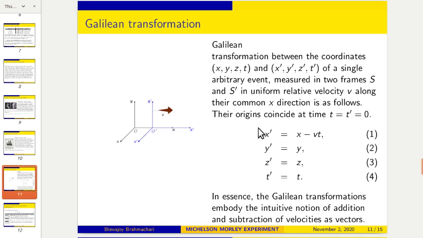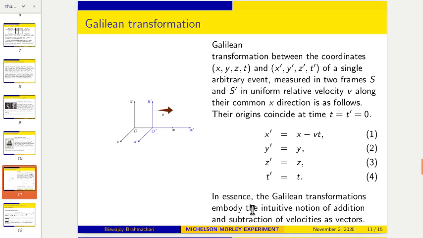The coordinates x dash, y dash, z dash, t dash are related to the unprimed coordinates like this: x dash equal to x minus vt, y dash equal to y, z dash equal to z, t dash equal to t. That means now x and t are coupled. So this is the Galilean relativity.